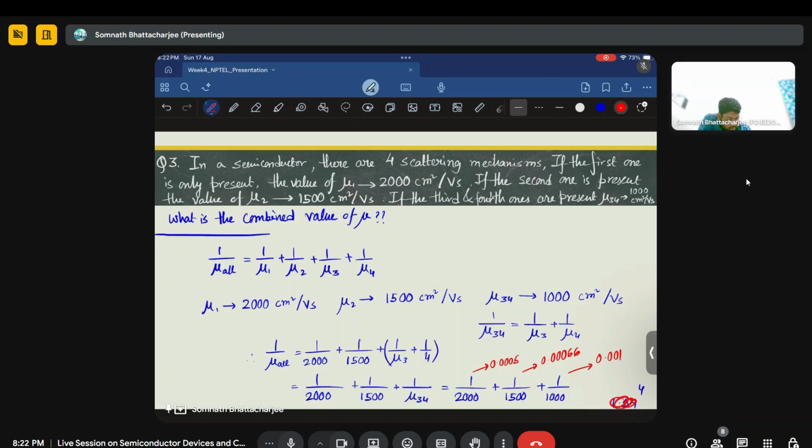Here I skipped a step, because of that there's a miscalculation. If we are adding this, we'll get this, but we need the value of mu all, right? So we have to inverse it again. So 1 divided by 0.00216.